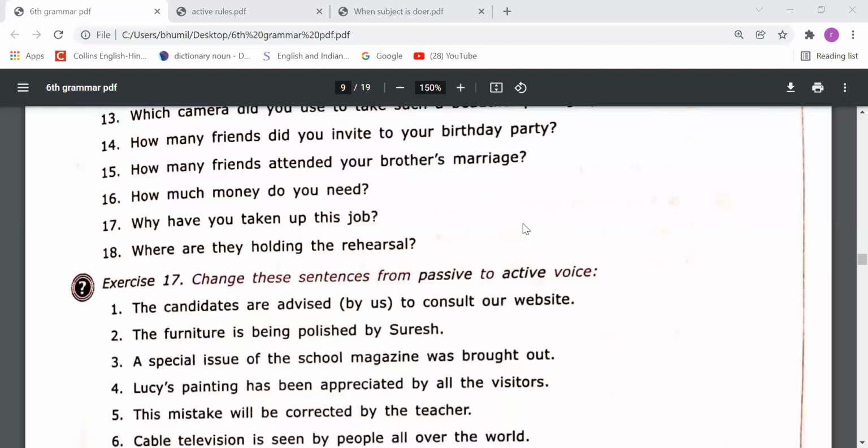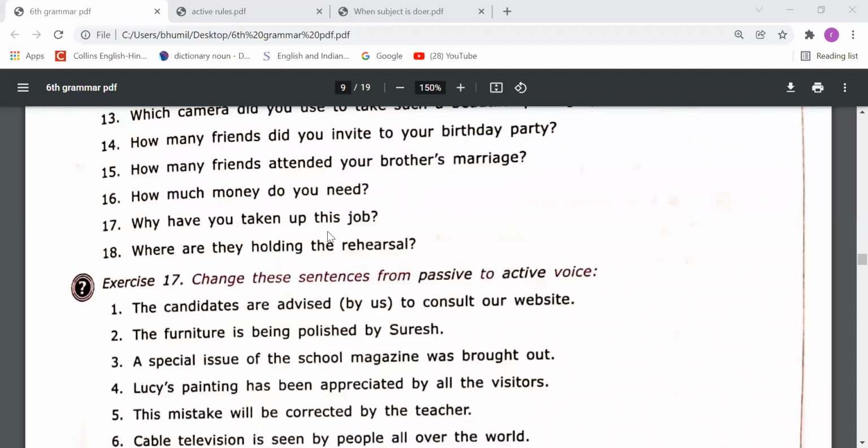Dipanshu, you please try that. Dipanshu, you please give me the answer. I think he's not getting me. Neha, can you give me the answer?